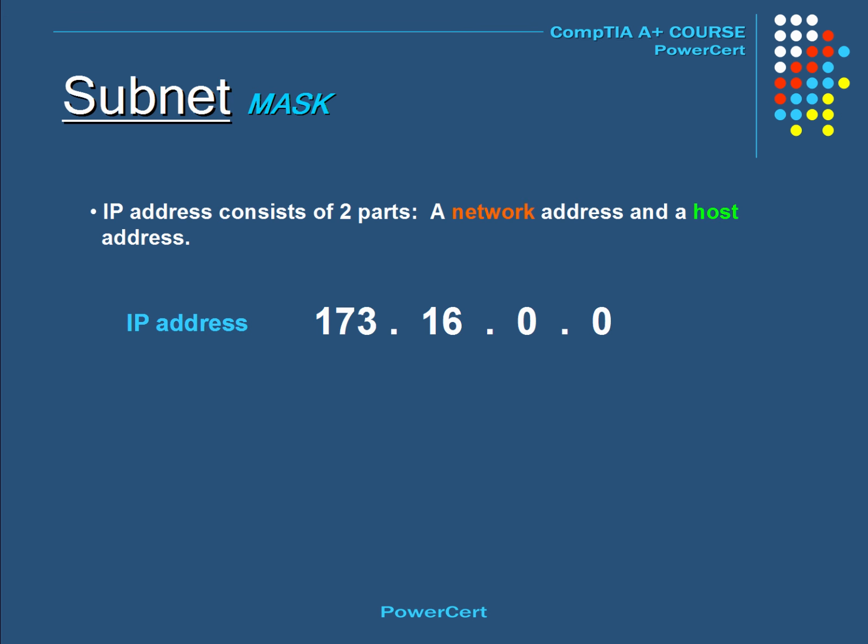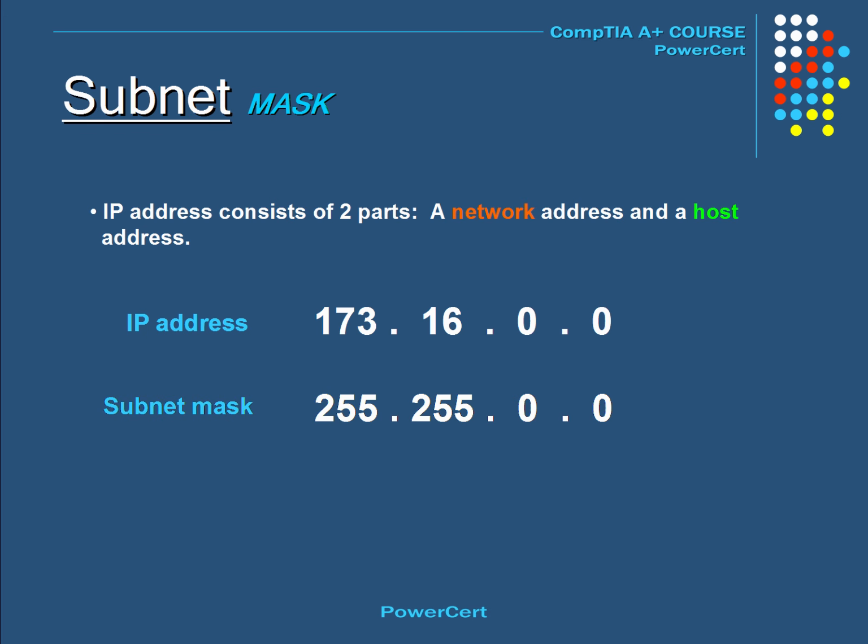As stated previously, an IP address has two parts. One part is designated for the network, and the remaining is designated for the host. So the way to tell which portion belongs to either the network or the host is where the subnet mask comes in. A subnet mask is a number that resembles an IP address.